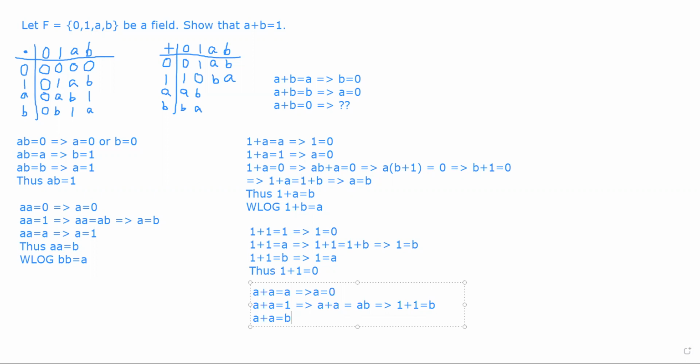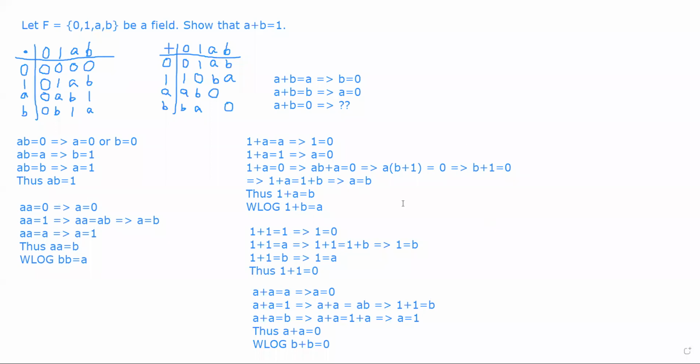And if A plus A equals B, then we get that A plus A equals 1 plus A, which implies A equals 1, which is impossible. Therefore, we conclude that A plus A must be 0. And by similar argument, we conclude that B plus B is also 0. We can fill out the addition table accordingly.